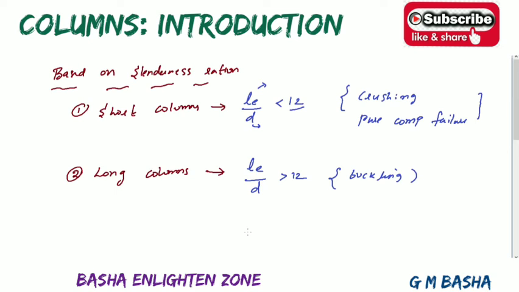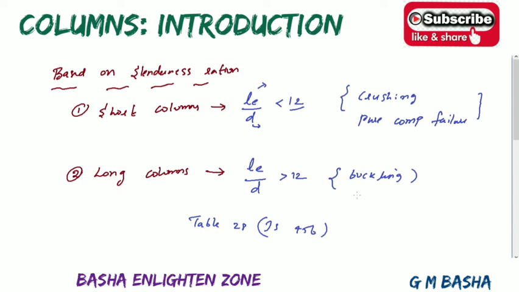But in columns, whenever we solve problems according to IS 456, refer Table 28 in IS 456. There you will have some conditions based on the effective length, and based on those conditions you consider the effective length for the particular column, based on restrained and unrestrained conditions.